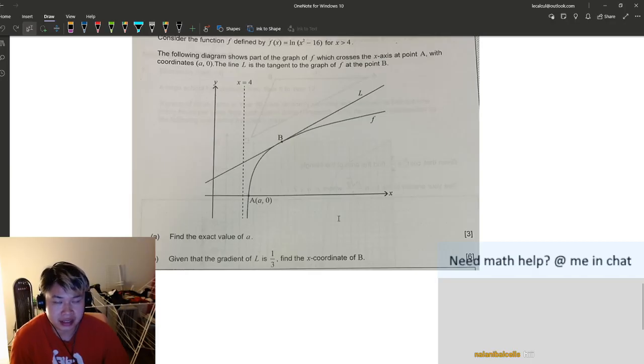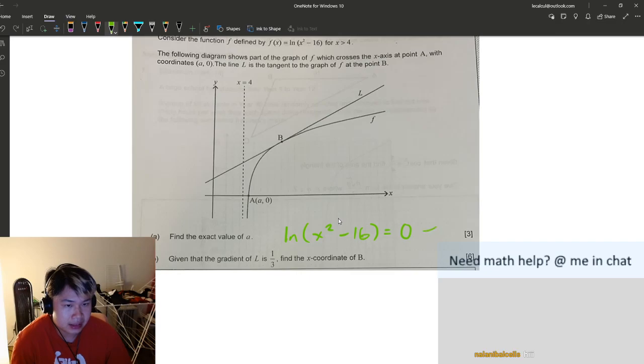In other words, my function needs to be equal to 0 here. So the natural log of x squared minus 16 needs to be equal to 0 here. And then we can solve for x pretty easily. We change this into an exponential expression. So this is e to the power 0 is x squared minus 16.